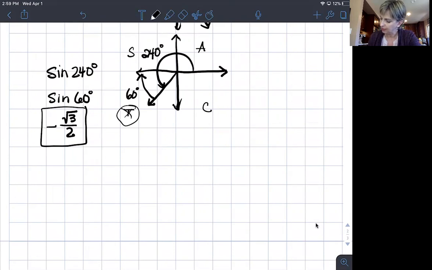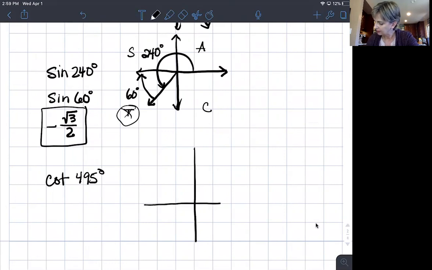Let's do cotangent of 495 degrees. That is a very large angle. Let's draw our little XY here. What quadrant is 495 degrees in? Well, we go all the way around one time, that's 360. That leaves us with 135 degrees, so we go all the way over here into quadrant 2.